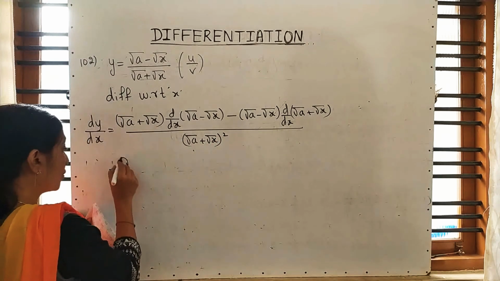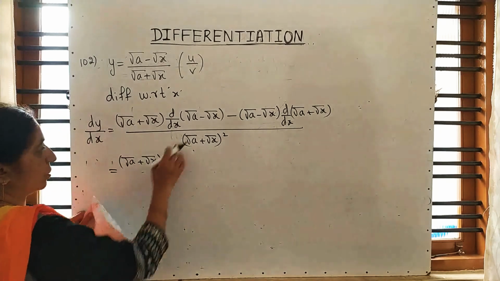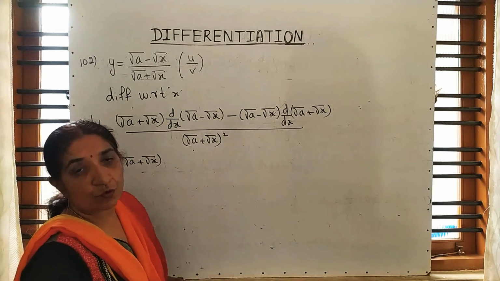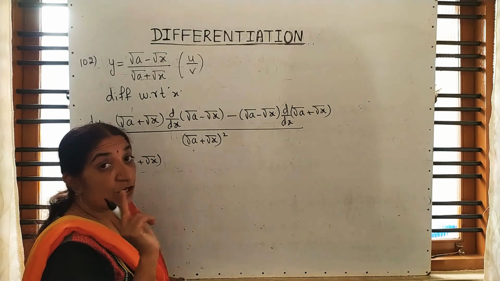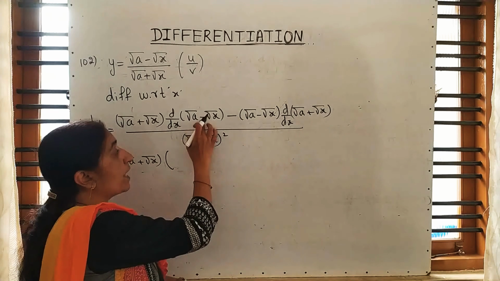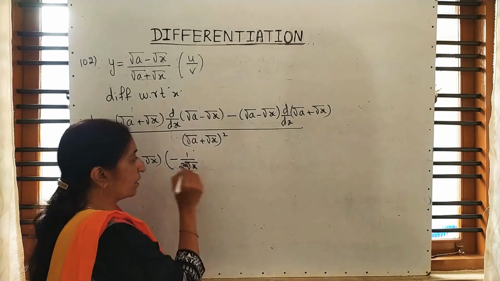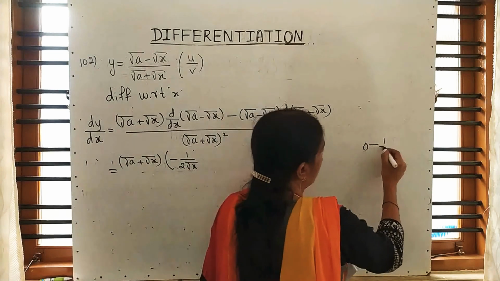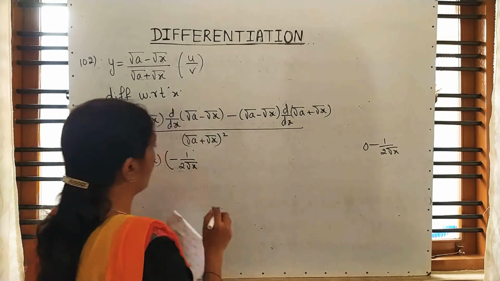Here root a plus root x as it is, because before differentiation. What is the differentiation of root a? 0. Differentiation of root x is 1 by 2 root x. Please refer to your formula list. 0 minus 1 by 2 root x, because differentiation of a is 0.